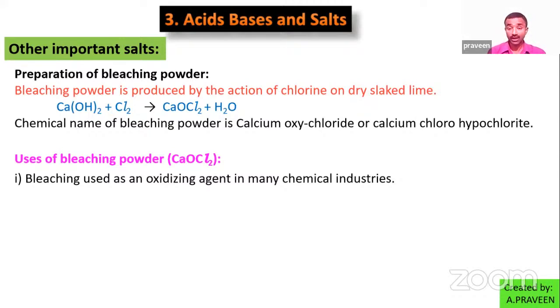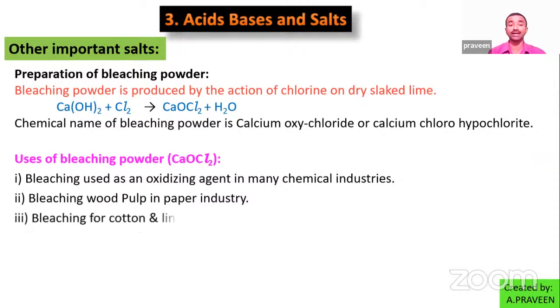In the paper industry, it is used to treat wood pulp, bleaching wood pulp, to change the color of that pulp. Bleaching powder is also used in the cotton and linen textile industry for bleaching purposes to remove the color.